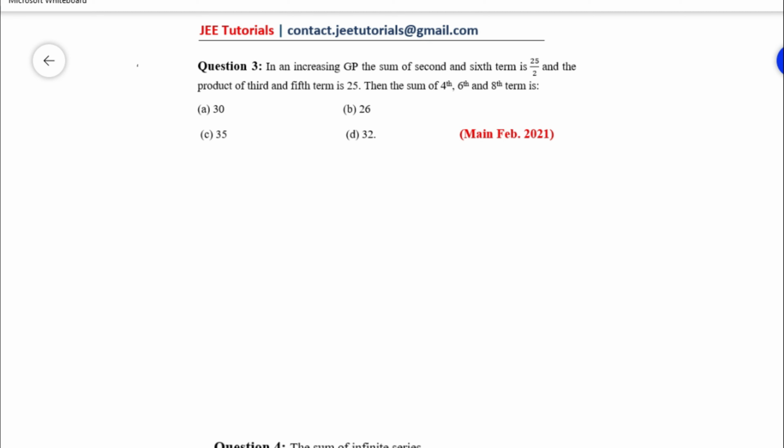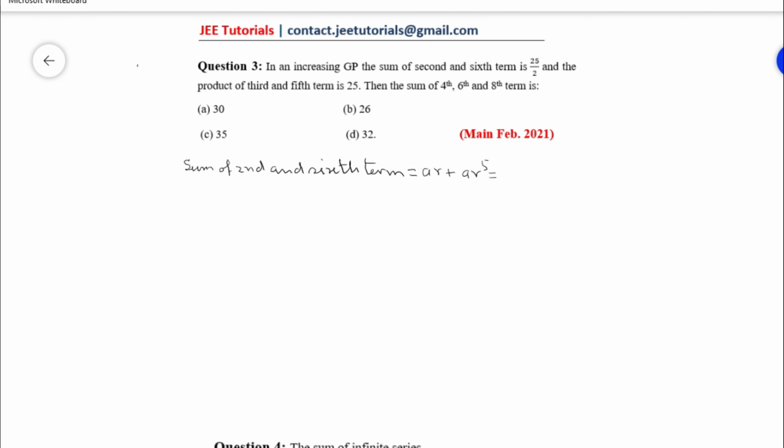Then sum of second and sixth term equal to AR, the second term, plus AR to the power 5.